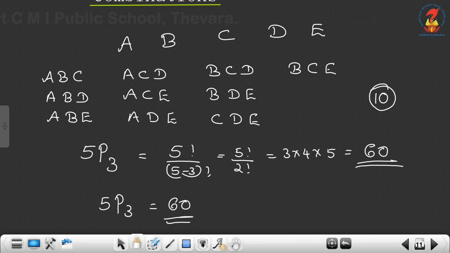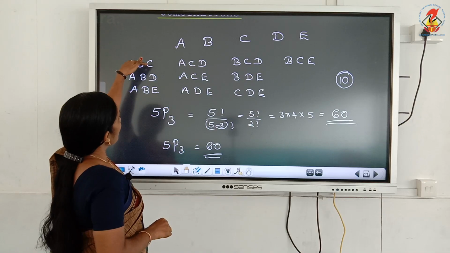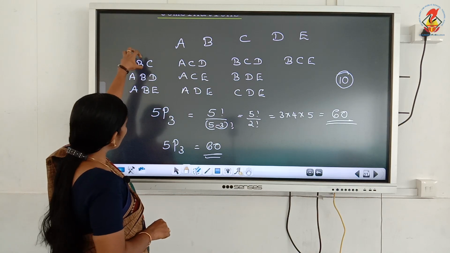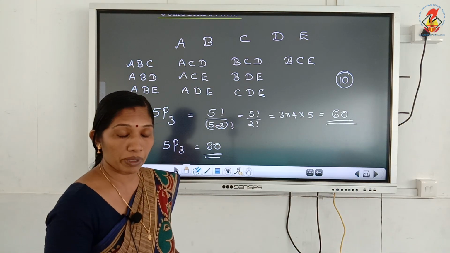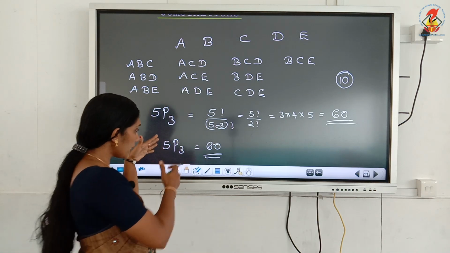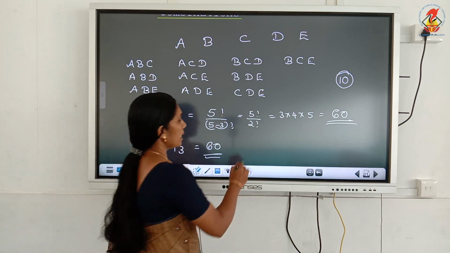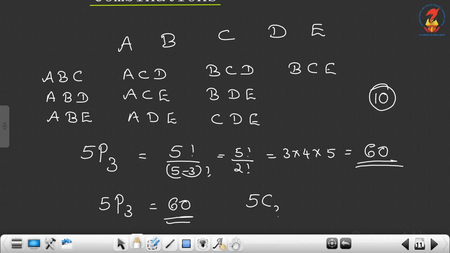Their order is important. If I take A, B, C, then we can write A, C, B, or start with B. These 3 letters themselves we can arrange in so many ways. That's why the number is more in permutation. 5P3 is 60, but the selection, that is 5C3, is only 10.